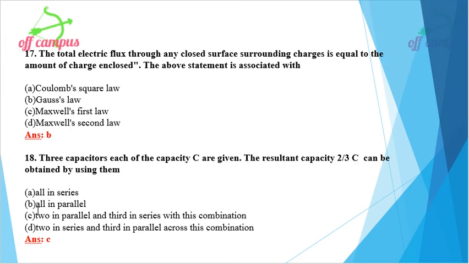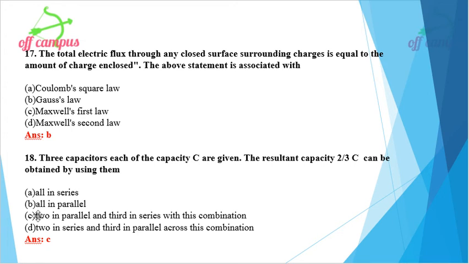How can we find out the resultant capacity? The method is the same for resistance and inductance. But when we go for capacitors, the resultant capacity for series and parallel is reciprocal, or inverse, to what we do for resistor and inductor.